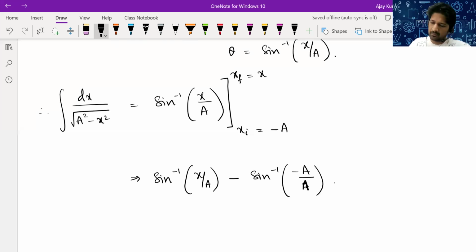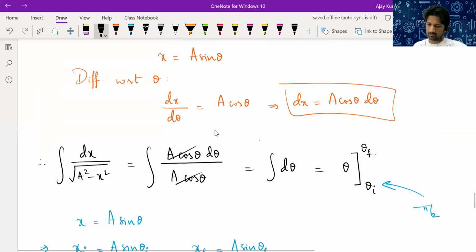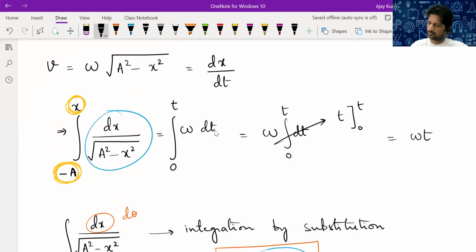Upper limit was x, lower limit was minus a. And what did we have on the right hand side? We had omega into t.